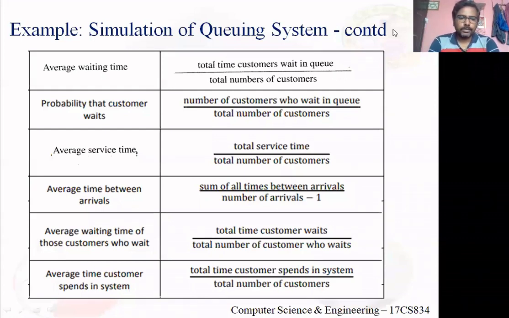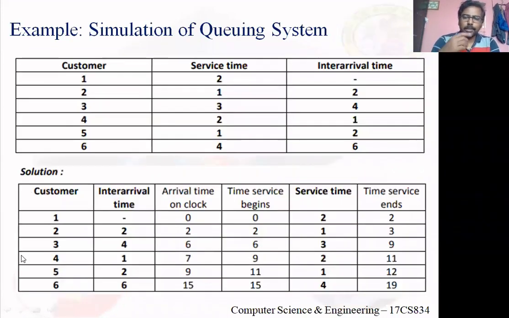The average time a customer spends in the system. Okay, what average time a customer spends in a system means is we need to find the time spent by each customer in a system, then sum those, then divide by n. So in the simulation table, I could have included one more column, time spent in a system.